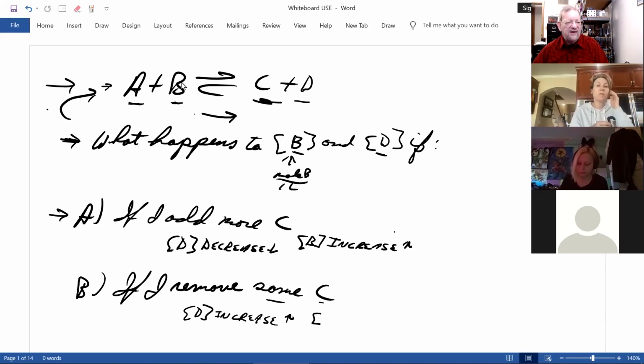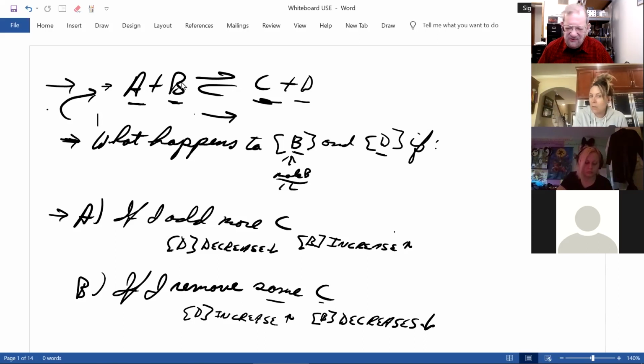And therefore, if A and B react, A and B are consumed, the amount of B decreases. Goes down. And that's Le Chatelier's principle. But wait, it gets more exciting.